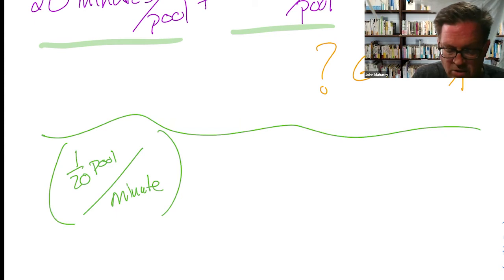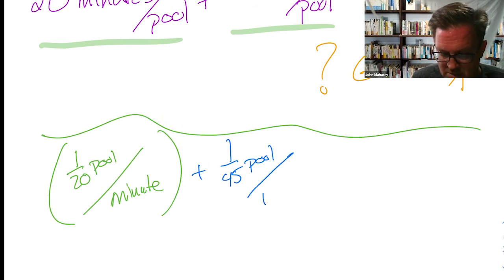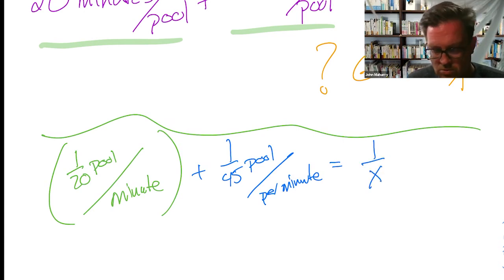And the second hose fills 1/45th of the pool every minute, per minute. And the last one is going to fill, whatever X minutes is, it's going to fill 1/X of the pool in 1 minute, per minute.